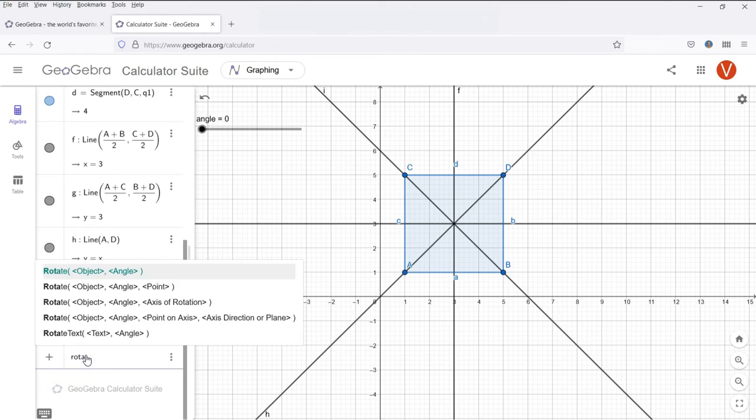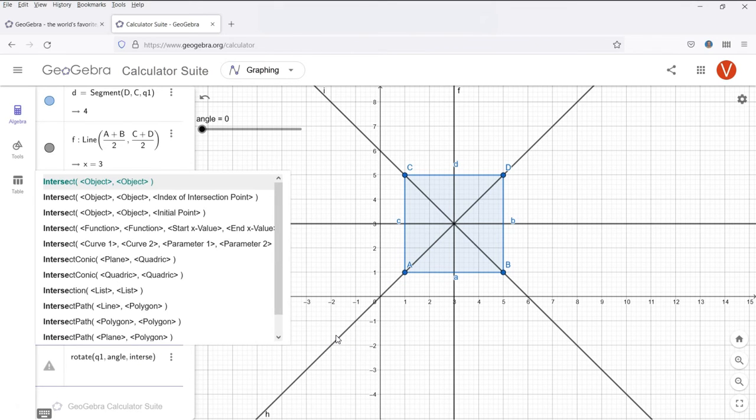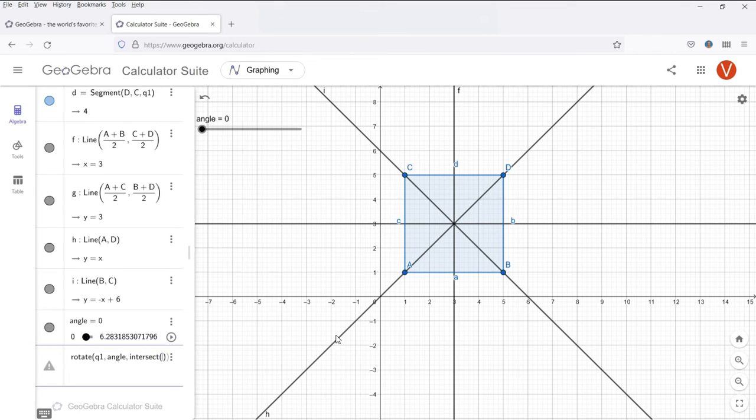So let's rotate Q1 by an angle, around the center, which is this point. Now what is this point going to be? The intersection of this line and this line. So any two lines we can take. So intersect of, let's say, f comma g, right?